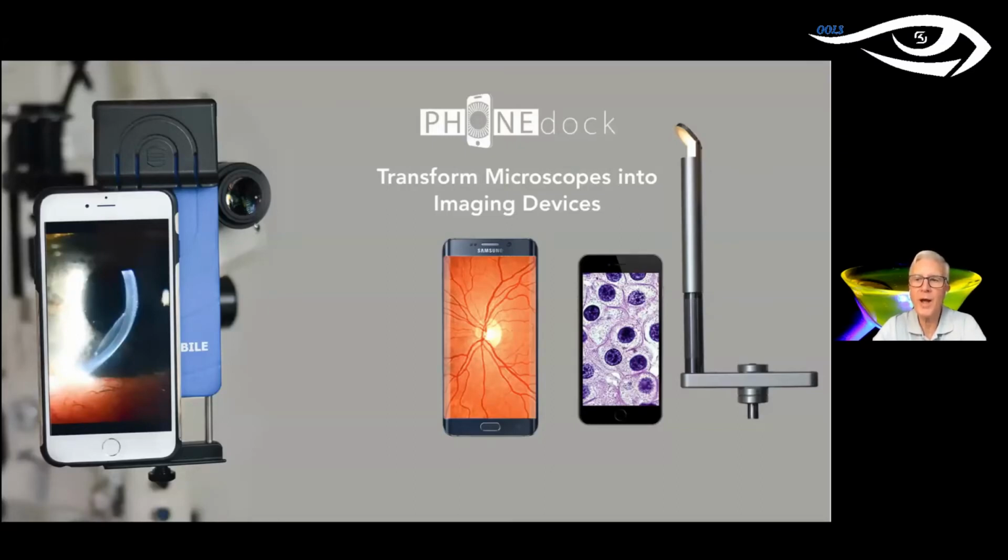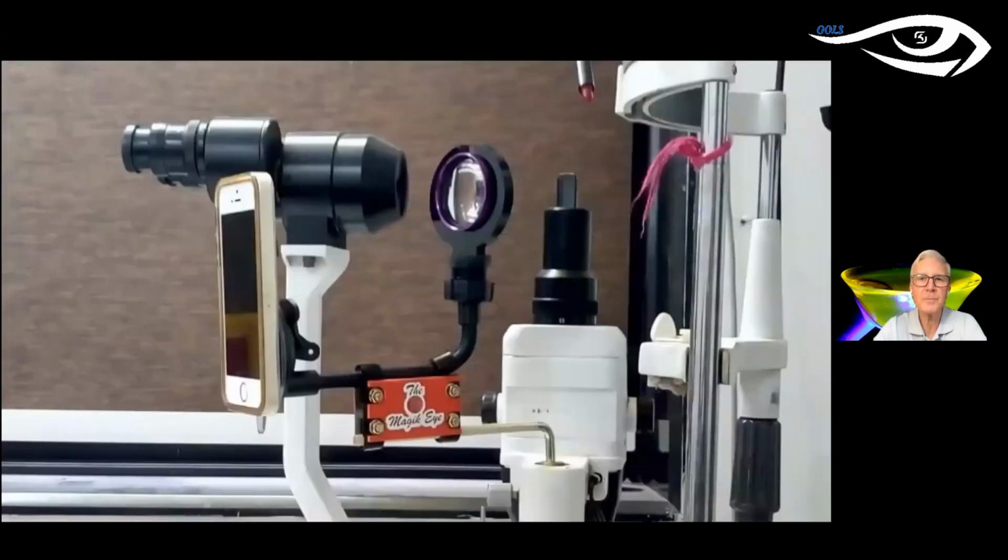Works very well. On the right here, that's an auxiliary light source. And so that is nice to have to get a full illumination of the eye and the adnexa, in addition to what you have in the slit lamp. So it's a nice little unit. It's called iPhone dock, and that's from the US, of course.